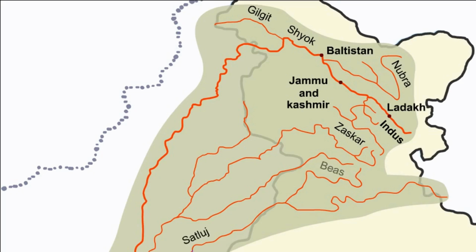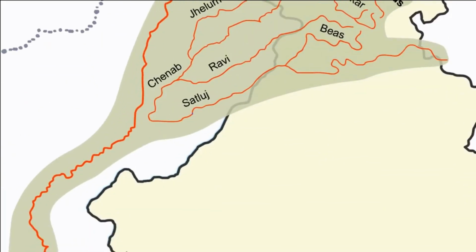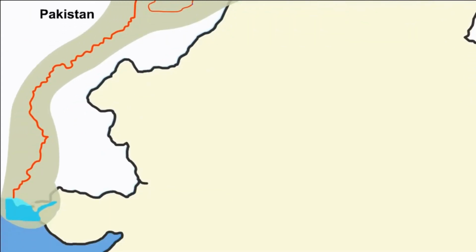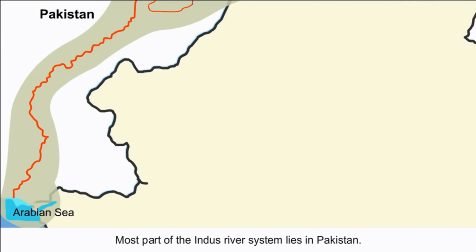Rivers Satluj, Beas, Ravi, Chenab, and Jhelum merge at various points and join the Indus in Pakistan. Hereafter, the river flows southwards and drains into the Arabian Sea. Most part of the Indus River system lies in Pakistan.